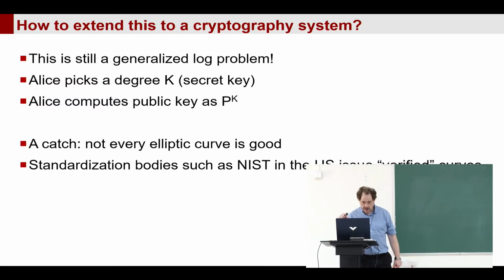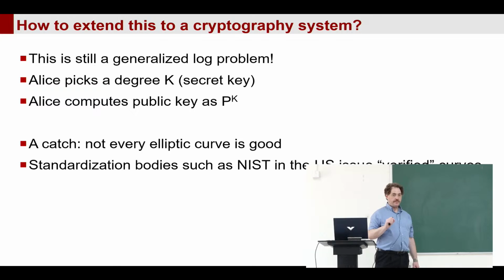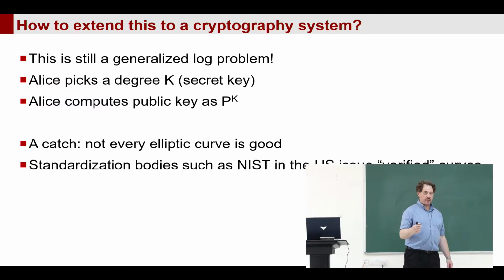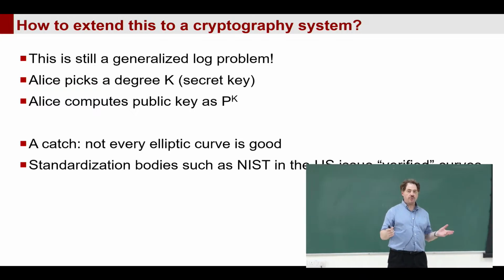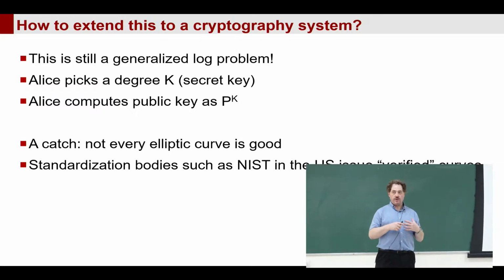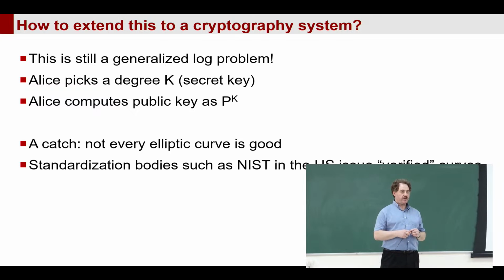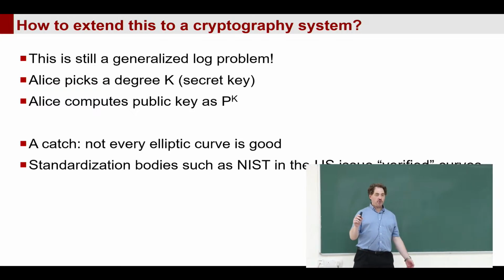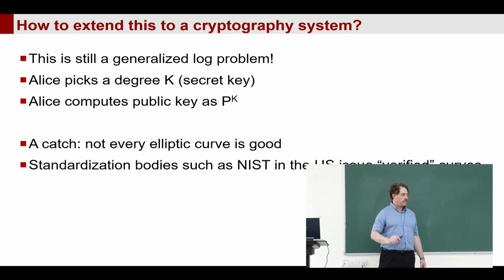The attacker would need to calculate k. However, because we are not working with natural numbers any longer, we are working with elliptic curves, it turns out that there are no well-known attacks on elliptic curves, such as we have on natural numbers. And therefore, breaking cryptography based on elliptic curves is harder.